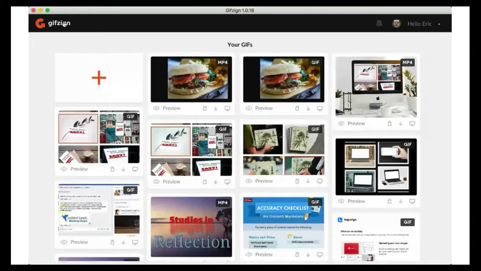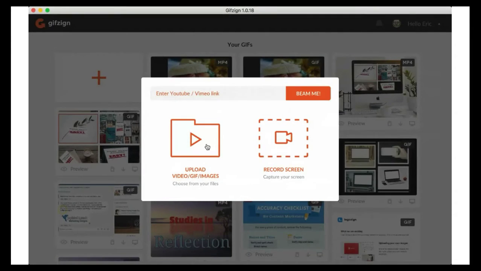Are you seeing my GIFsign window? I'm going to go out here and grab that video. Now I know you can't see the folder window, but hopefully you can see the end result here.